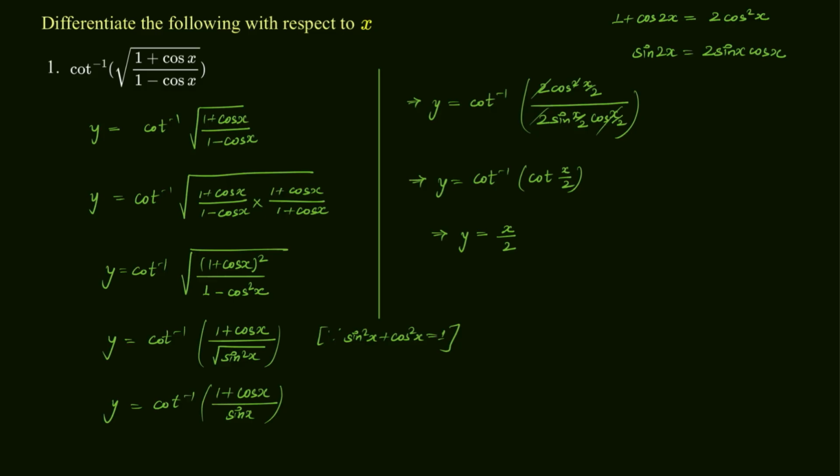Now we will differentiate both sides with respect to x, then dy over dx equals d/dx of x by 2, which is 1 by 2 only. So this is the answer. See, at the last step only we did the differentiation. So it's more about transforming the trigonometrical expressions into their simplest form.